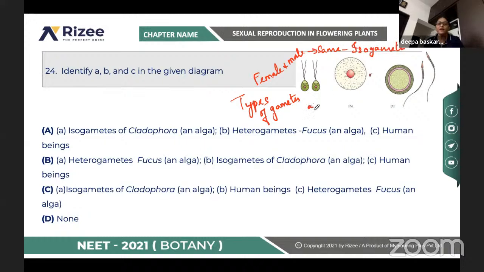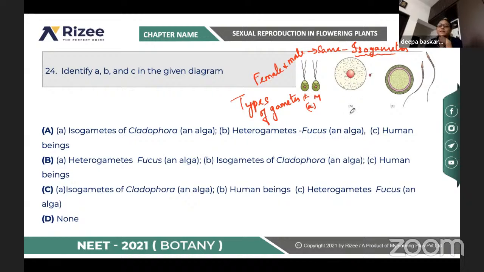See in A, these are isogametes of Cladophora, an alga. One is a female gamete, one is a male gamete. Both are similar in structure. So this type of gametes are called isogametes, and the example is Cladophora.